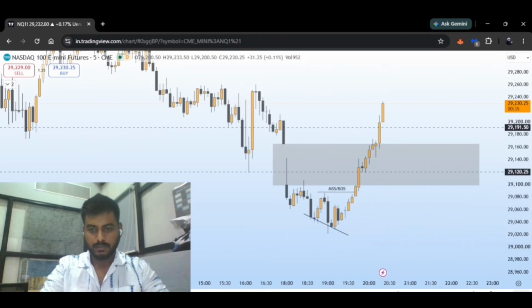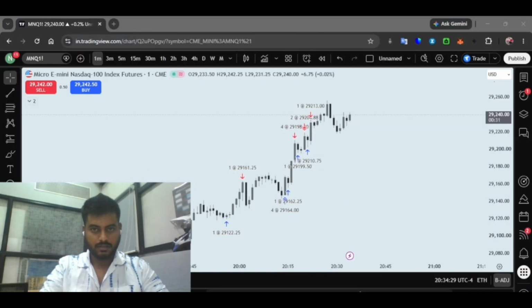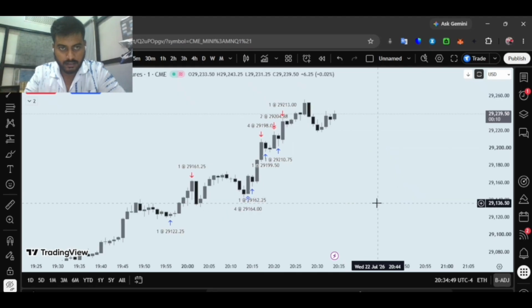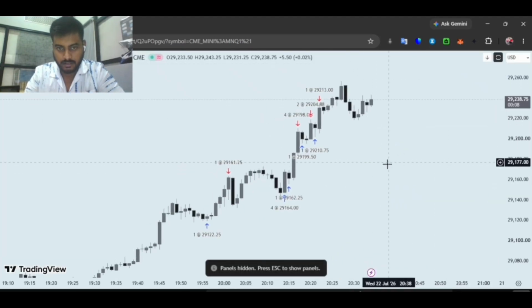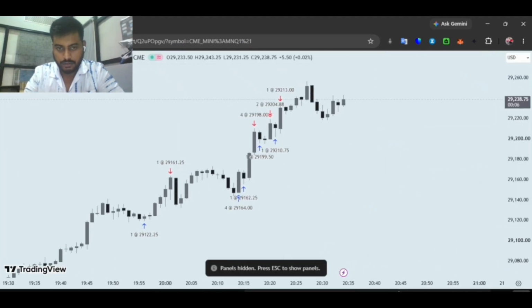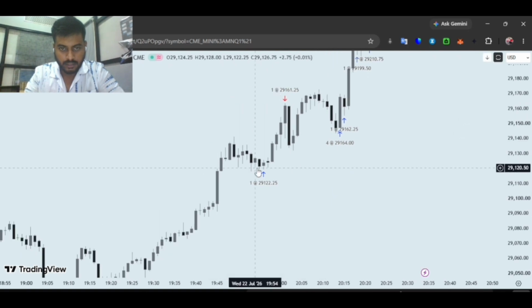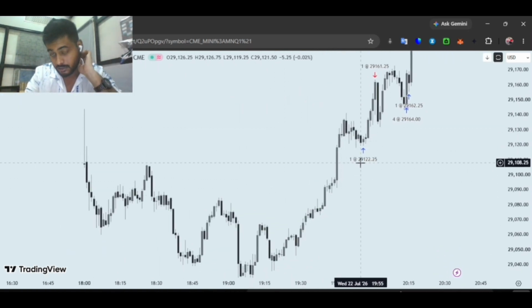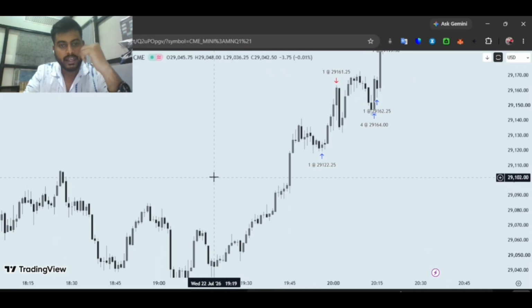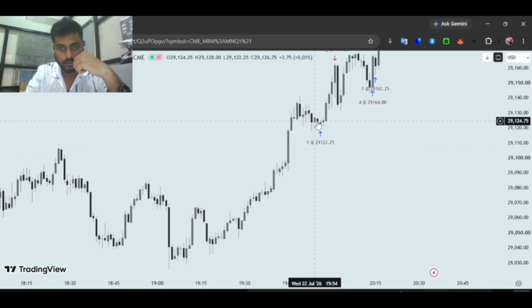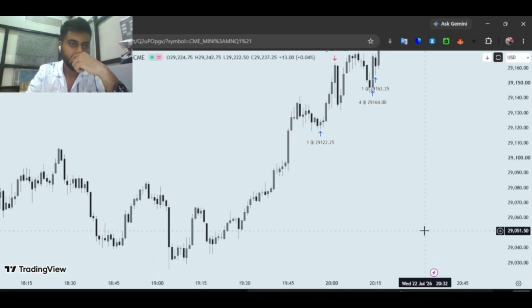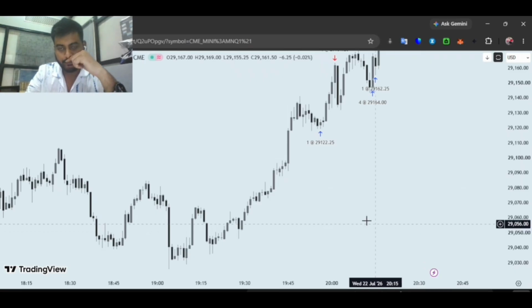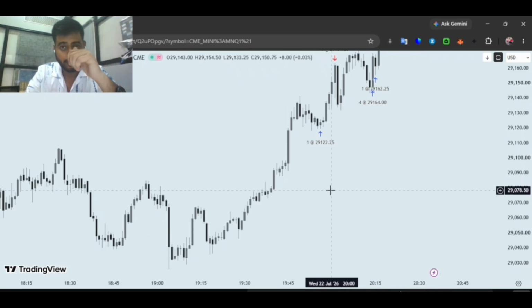Let me show you my today's trade executions. Yes, these are today's executions. Once I got the confirmation on the retracement, let me tell you why I waited and took a position here and not anywhere earlier. The reason was the Tokyo market was about to open.